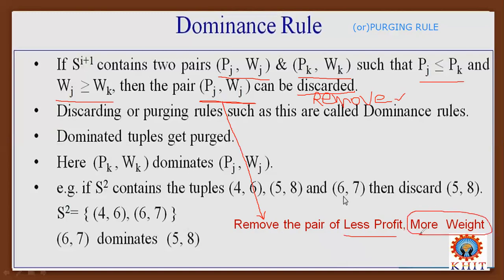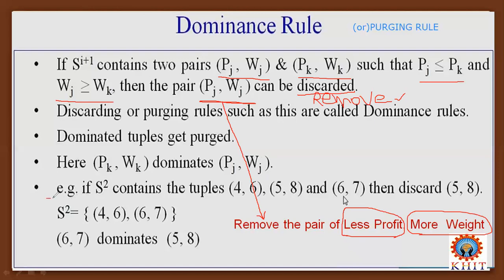Discarding or purging in this way is called the dominance rule, or purging rule. Here PK, WK dominates PJ, WJ, so we simply remove the PJ, WJ pair.